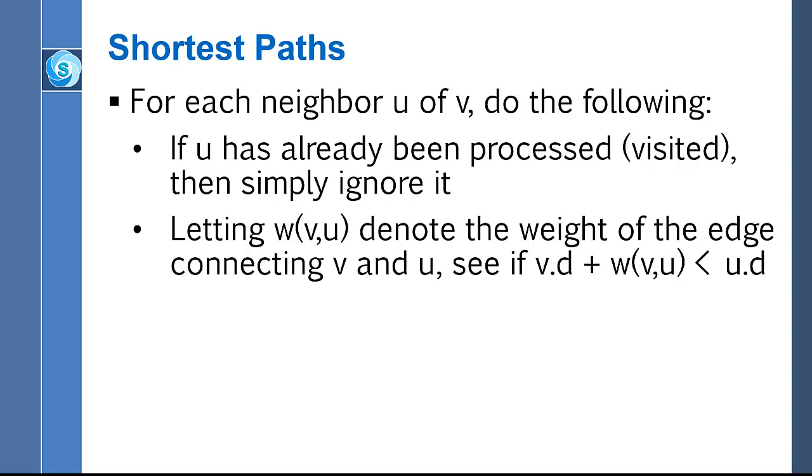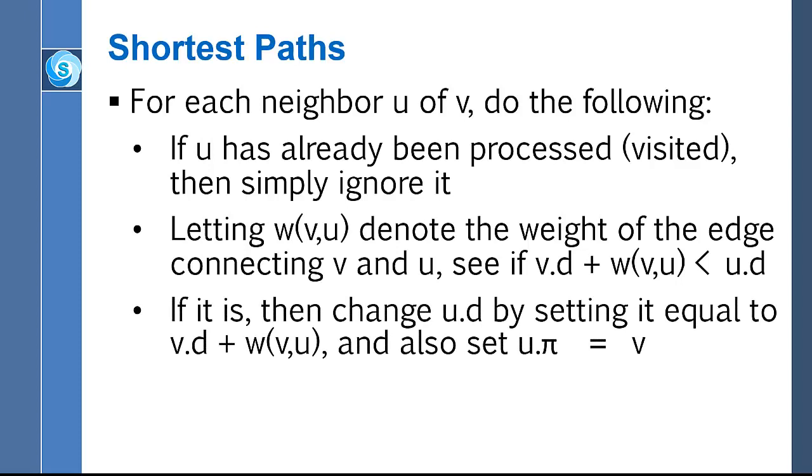Now think about that for a second. Suppose that's true. We're saying that there's a way to get from S to V and then use this edge that goes from V to U, and the total distance of that, which would be from S to U, is actually less than the currently discovered distance from S to U. Well, that's a big deal, because it would mean that we just discovered a shorter way to get from S to U. The only way that inequality can be true is that we discovered a shorter way to get from S to U. How?